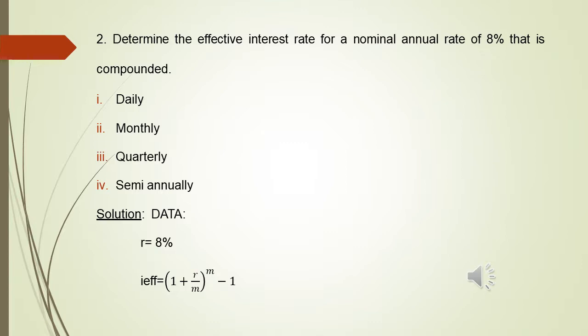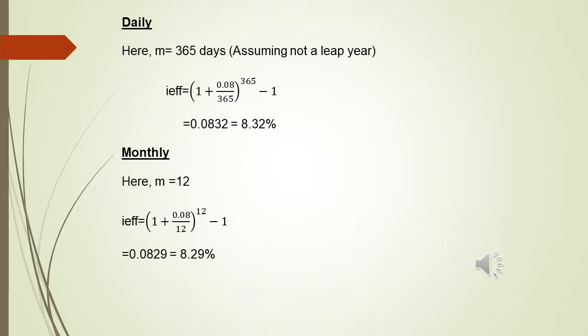Solution: R is given as 8%. To find I effective, we have this formula: (1 plus R by M) whole to the power of M, minus 1. Let's see how to solve this. First is daily, assuming not a leap year.